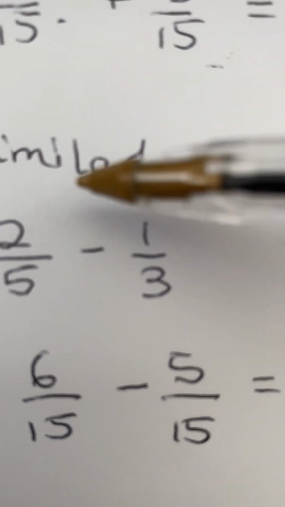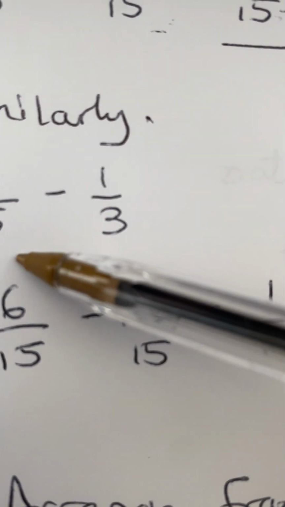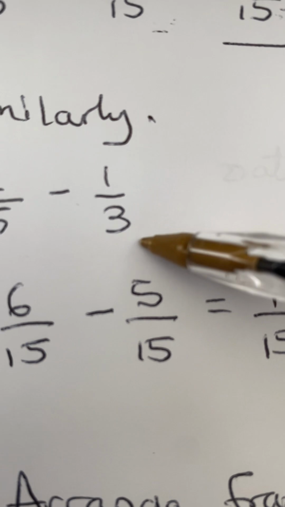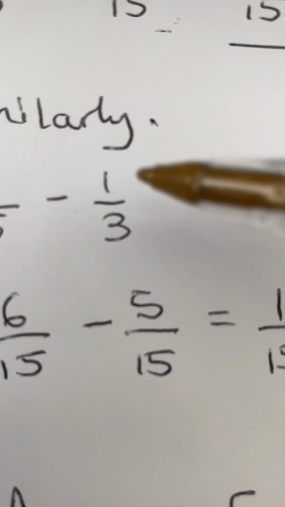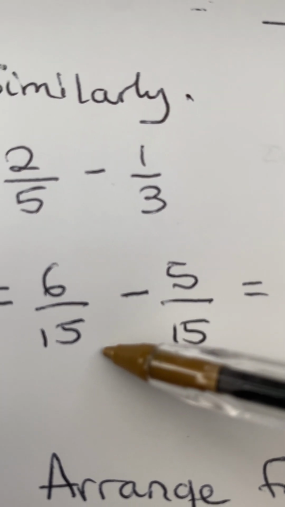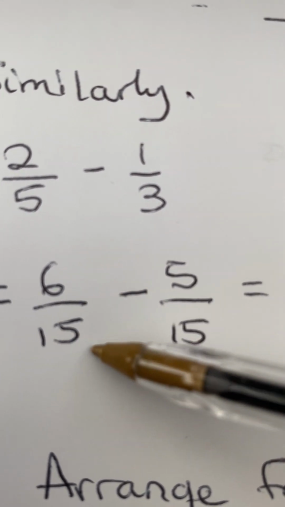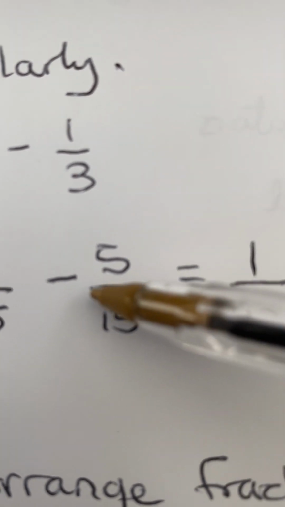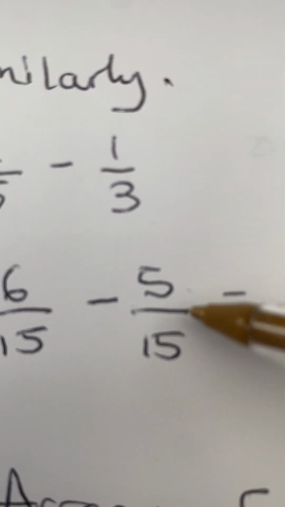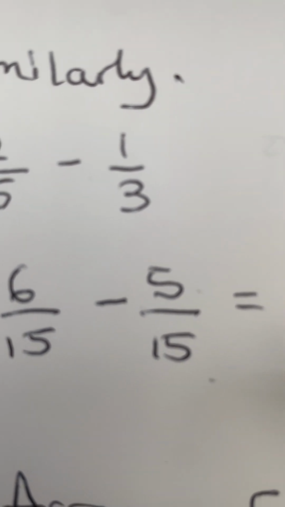Now when we subtract the same figures, 2 over 5 minus 1 over 3, I've already shown you how to change the denominators. So now we have 6 over 15 minus 5 over 15 from what we did earlier.